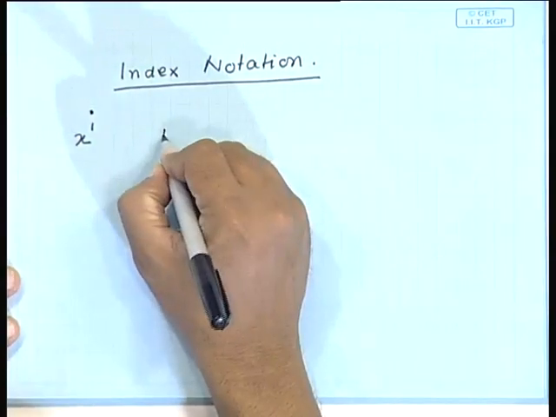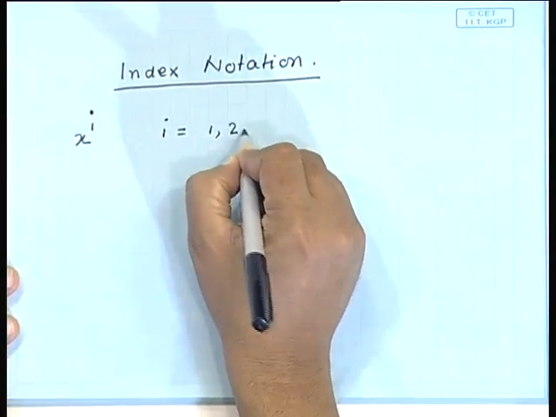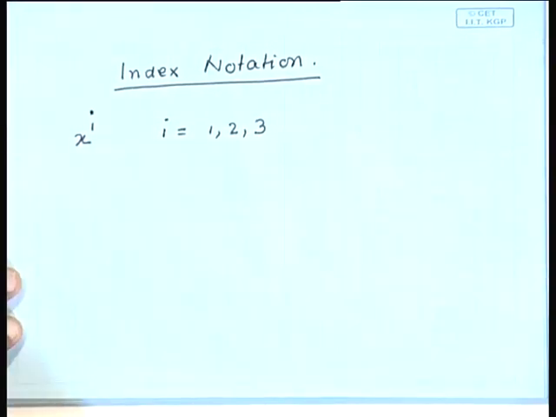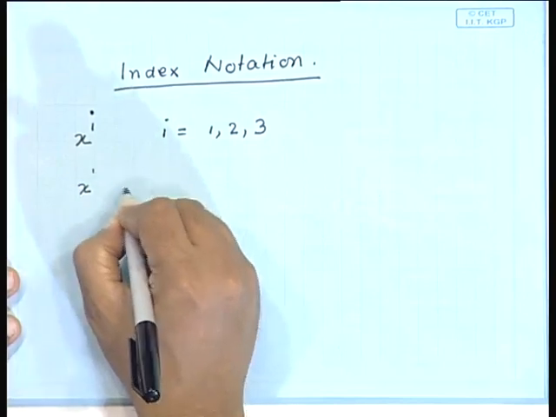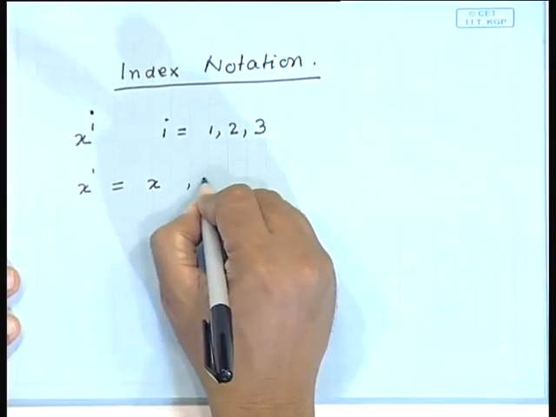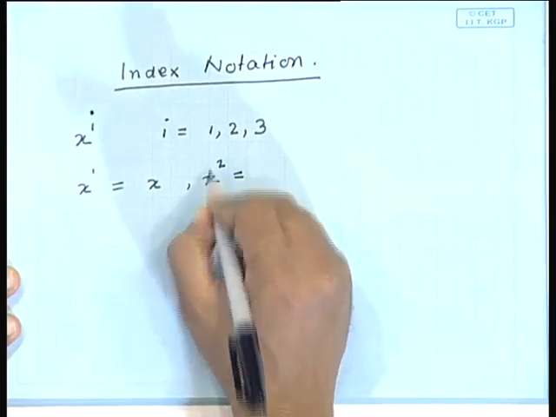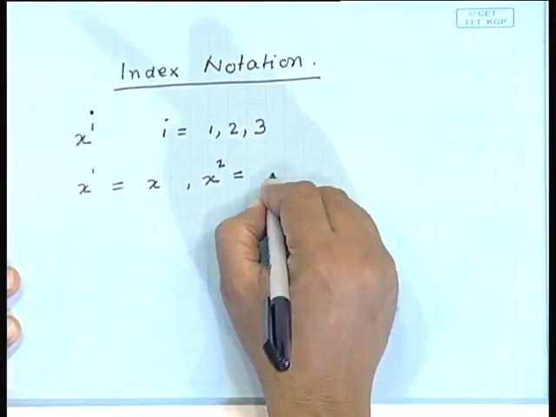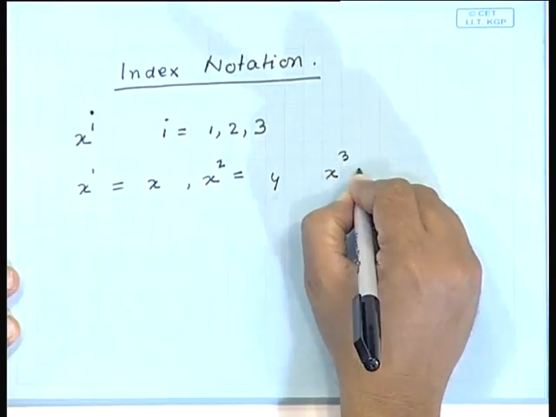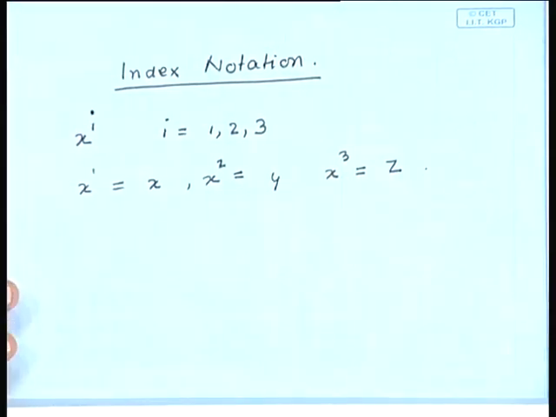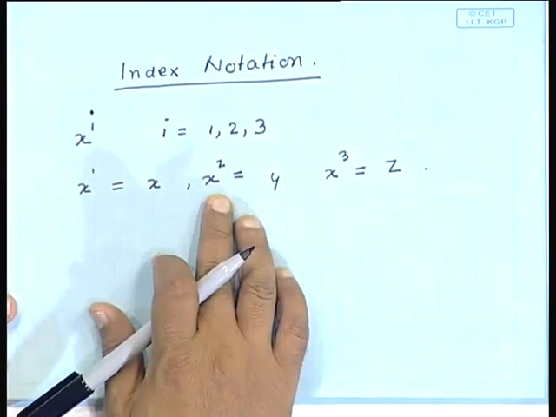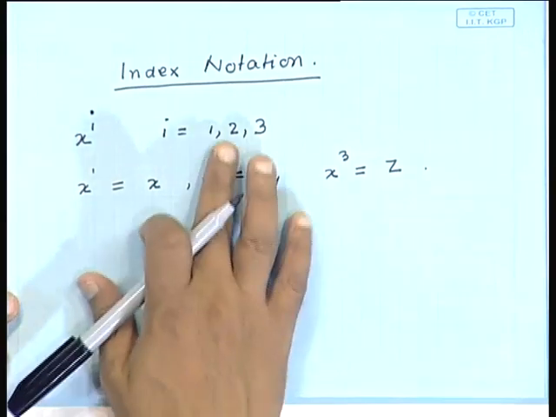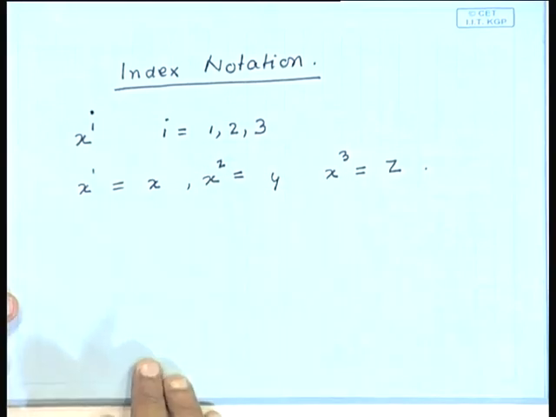I runs from 1 to 3, so it has values 1, 2 and 3. x1 refers to x, x2, this is not x squared, when I takes the value 2, it refers to y, and x3 refers to z. So the index I, when it takes on value 1, refers to the x-axis. When it takes on value 2, it refers to the second coordinate y. When it takes value 3, it refers to the third coordinate z. So this is the first thing. This is the index notation.